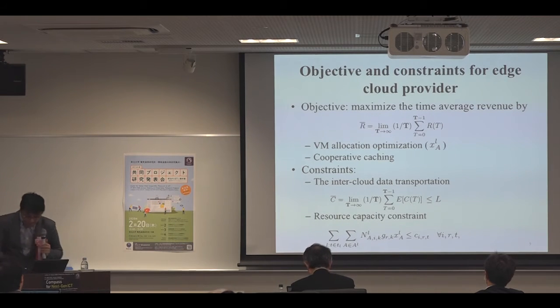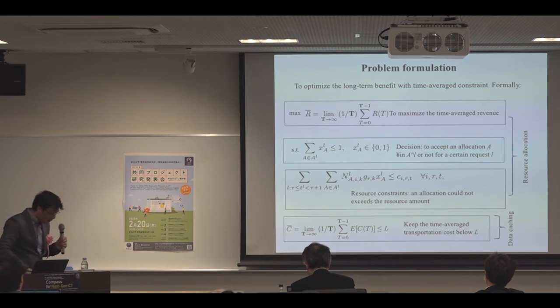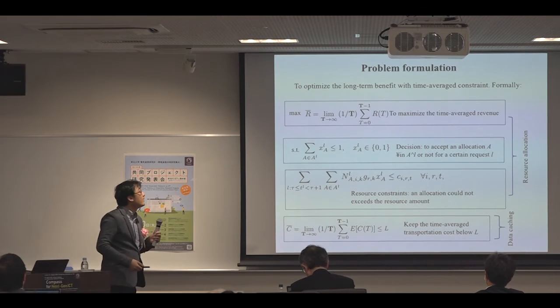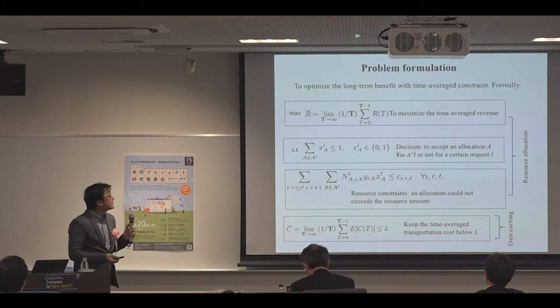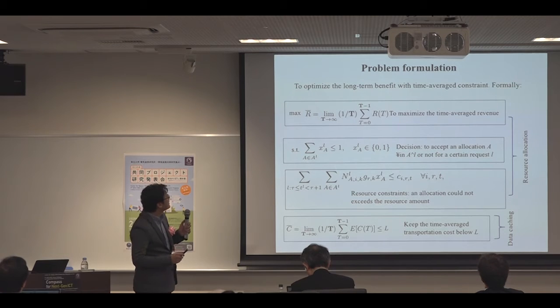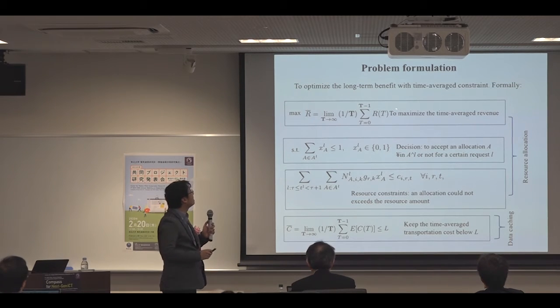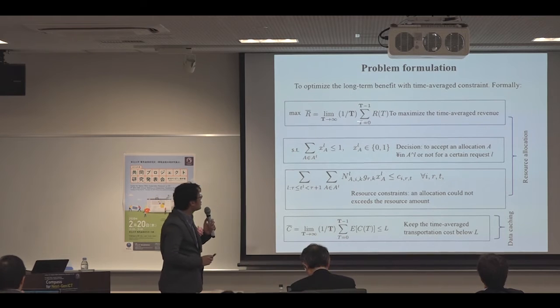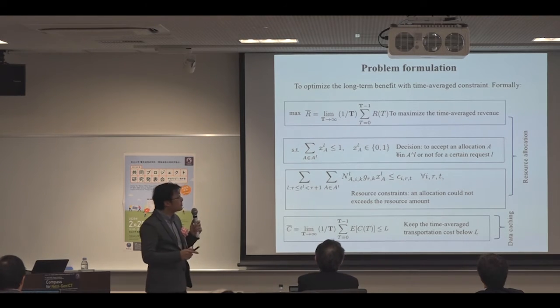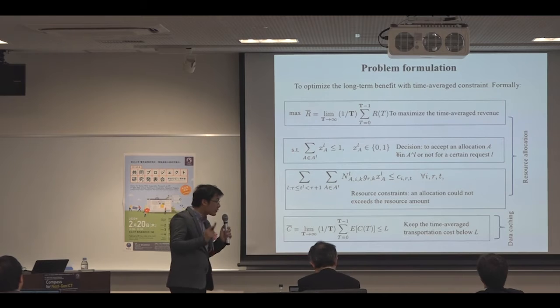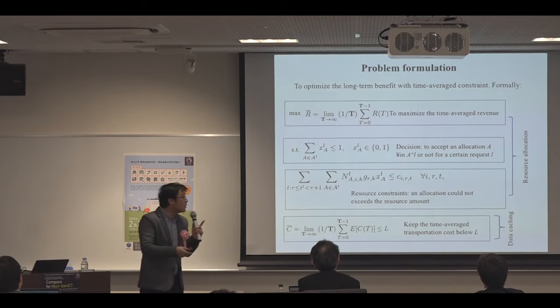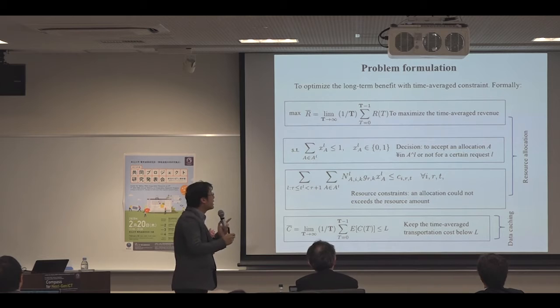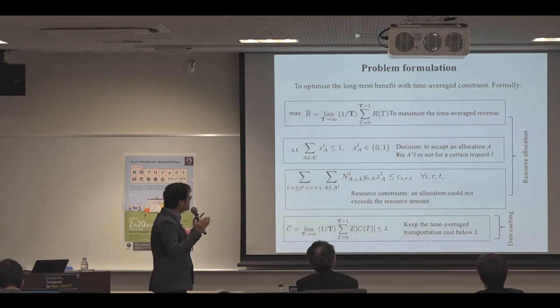Let's take a close look at this problem. In the problem formulation, the goal is to maximize the long-term revenue. What we focus on is not the revenue at some specific time, but how much we can sell in the long term.